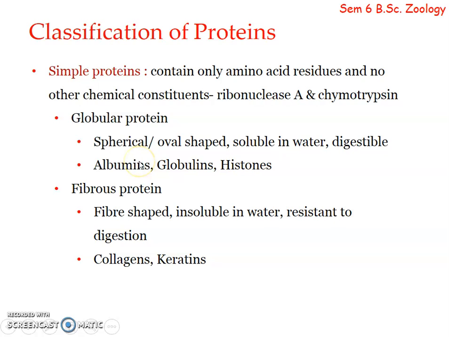Albumins are soluble in water, and present in blood. Serum albumin is there. In egg, albumin is there, and in milk, lactalbumin is there. So wherever it is situated, albumin is a water-soluble protein, globular in nature. Okay, globulin, as the name indicates, we have the term in the name itself, isn't it? Serum globulins are there, just like albumin.